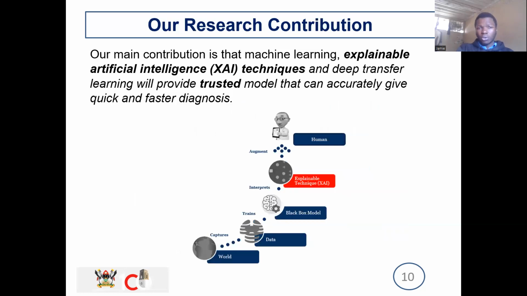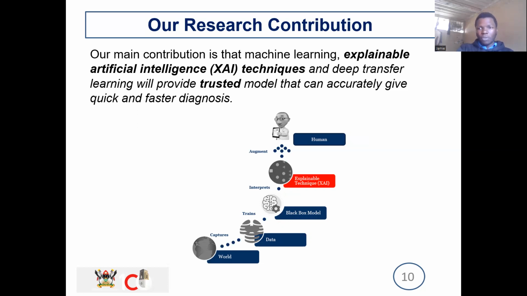Our main research contribution will be practically using explainable AI techniques and deep transfer learning to validate our models. That is, we aim at building trust for our models. Why would we use a model that we can't understand? Practically, the process is simple.